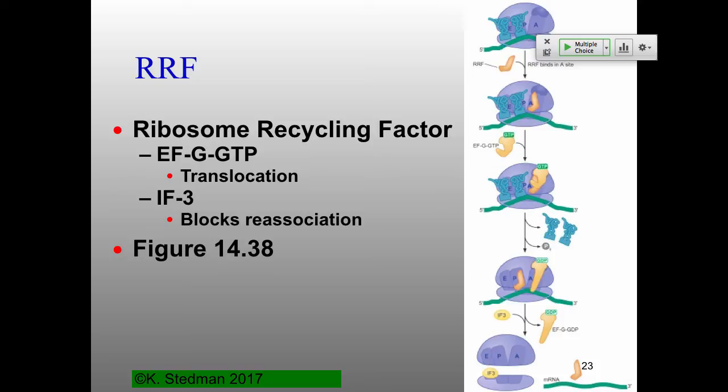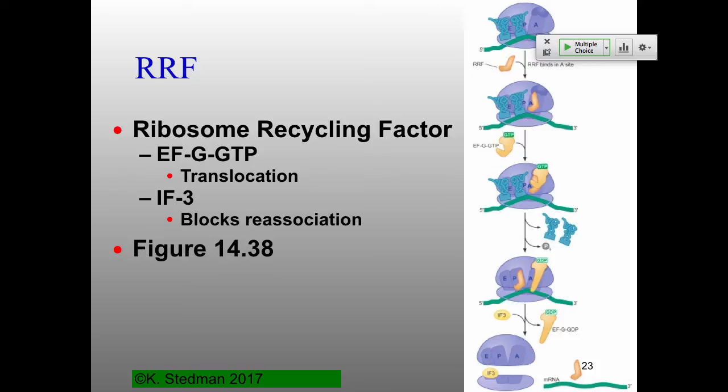So we have a release factor that comes in, pretends that it's a tRNA, and causes the ribosome to terminate translation, which is just making a peptide bond to water. After that happens, you need to dissociate this whole complex. That happens through EF-G and GTP, and a bunch of other factors, but I'm not going to ask you to remember all the names of them.